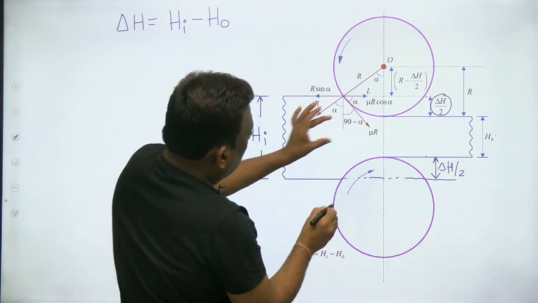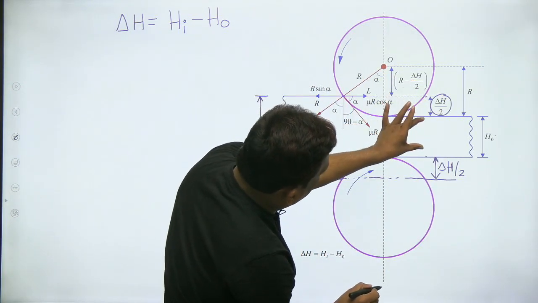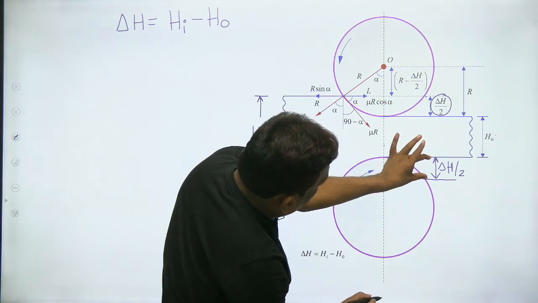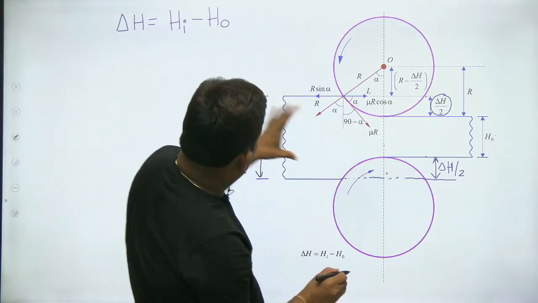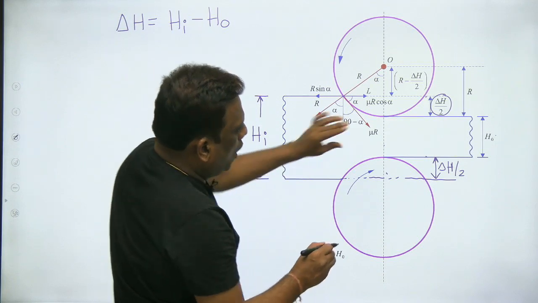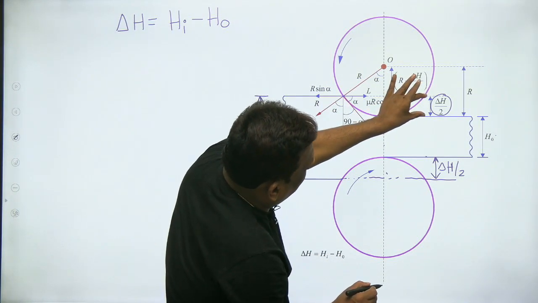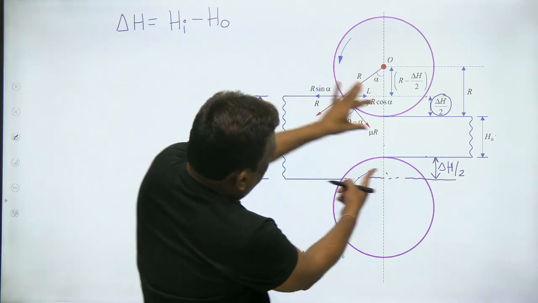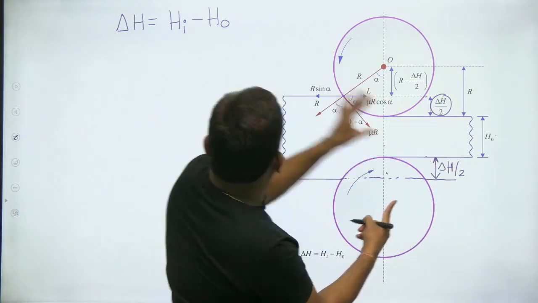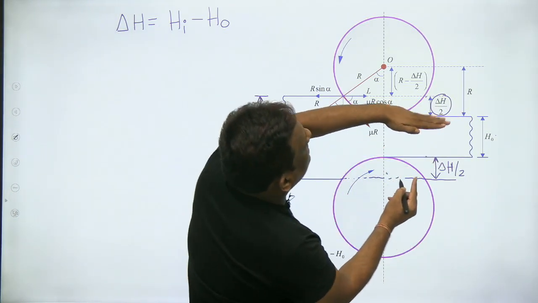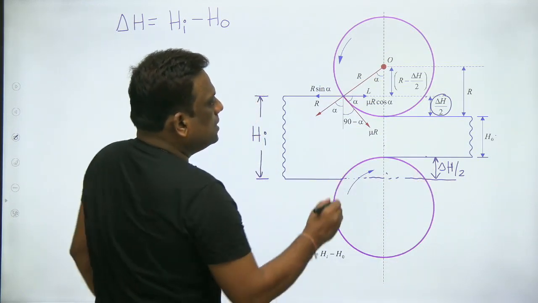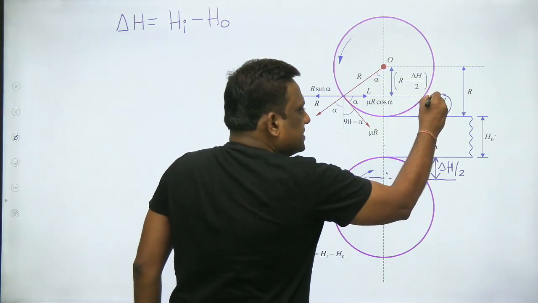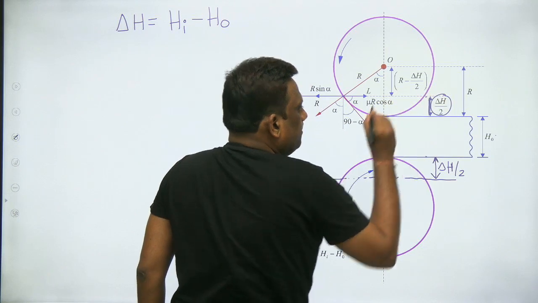I repeat: delta H by 2 plus H0 plus delta H by 2 will be equal to the total initial thickness. On each side, half of the reduction happens. So the total is Hi and this is H0, and the difference is delta H, half on this side and half on this side. So this vertical distance is delta H by 2.